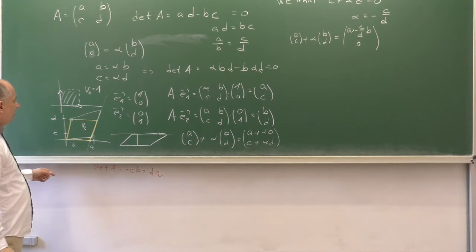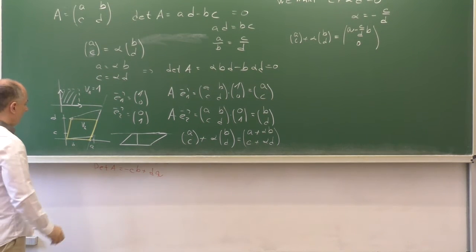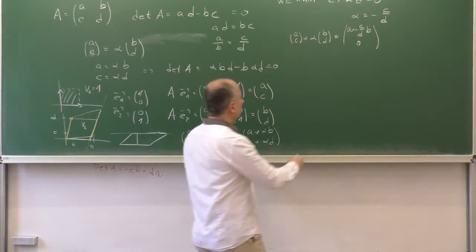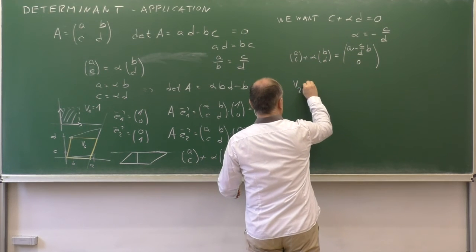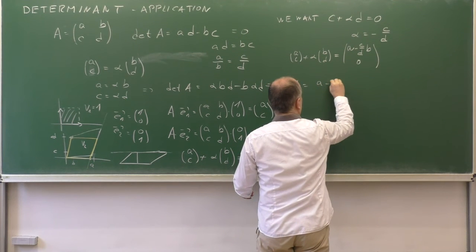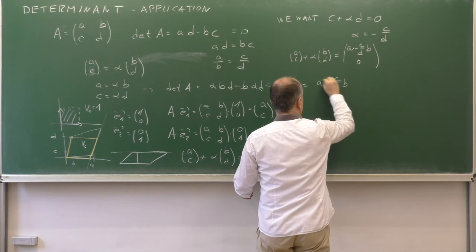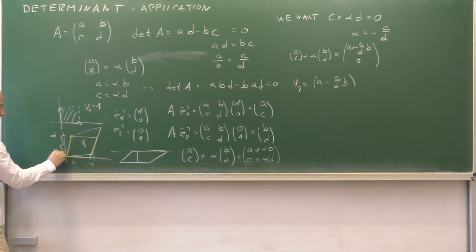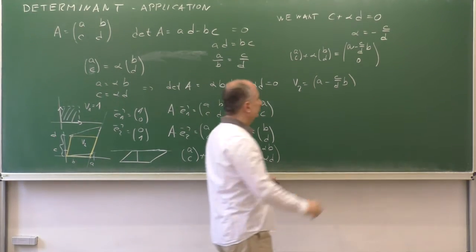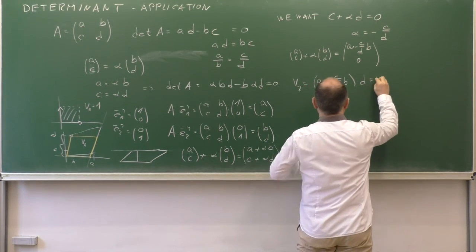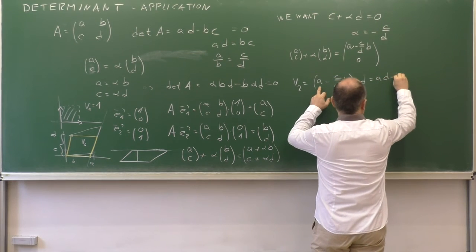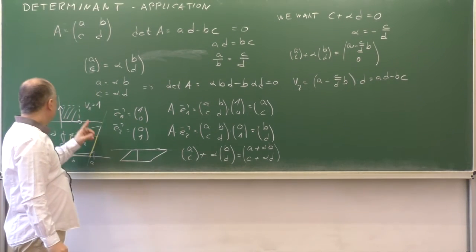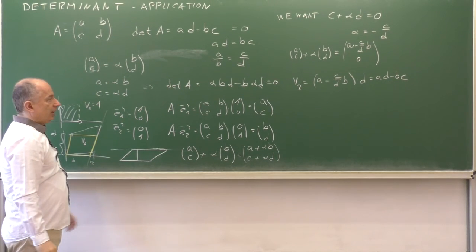The area of this rectangle is the base, which is the first component of this vector, A minus C over D times B, times the height, which is D, which is AD minus BC. And this is exactly the determinant of the matrix A.